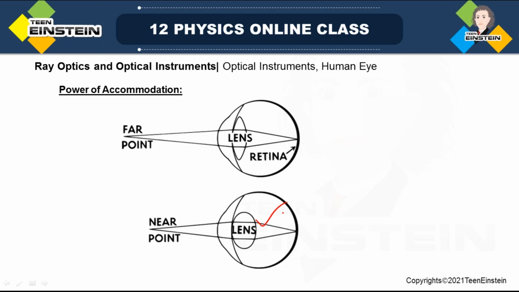But see here, if the lens is thick, then the focal length becomes smaller. So if you want to see nearby objects, then the focal length has to be less than for far off, right? So suppose this is near, this is far. When we need to see near objects, you have to have a lesser focal length.